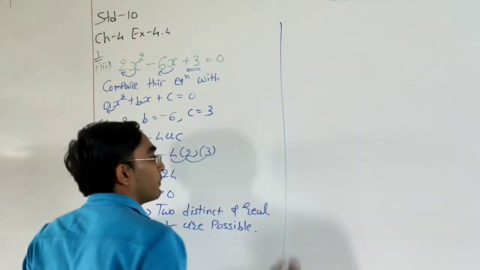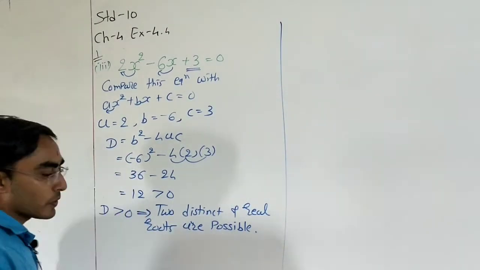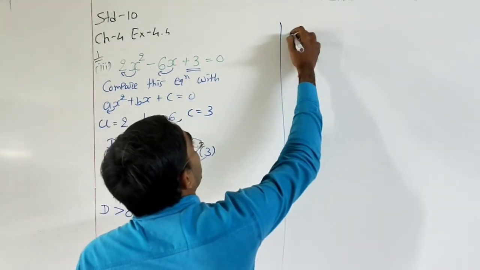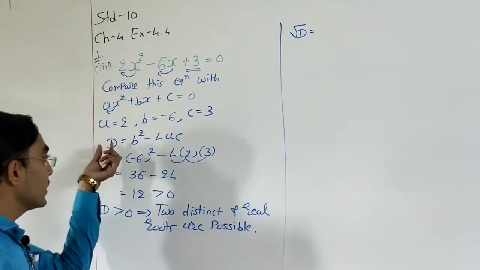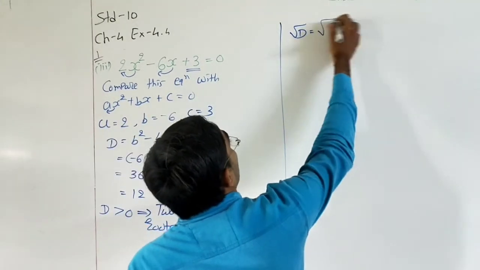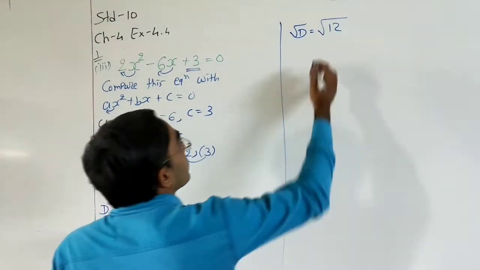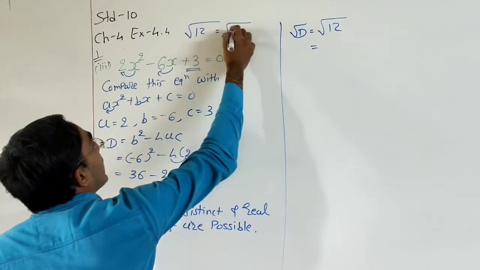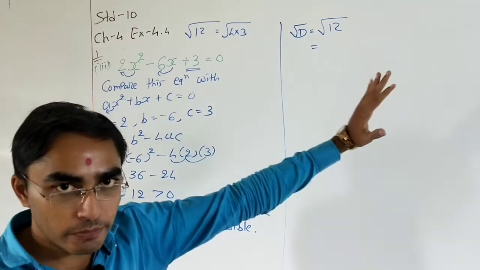So how can we find them? Before that, here d is equal to 12. So find out under root d. Here we have d is equal to 12, so under root d means under root 12. Now, under root 12, we can write like this: 4 threes are 12.